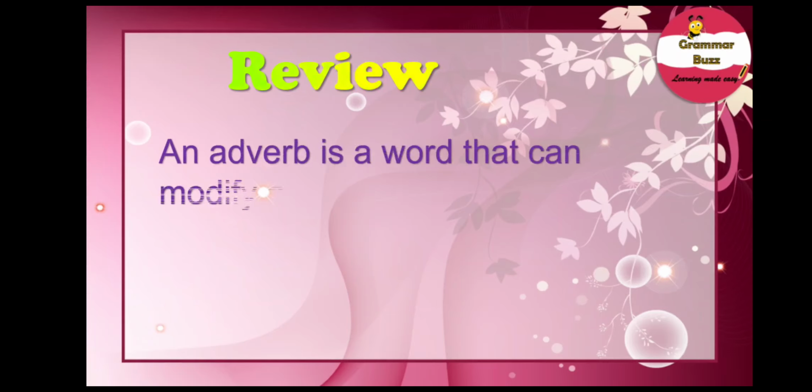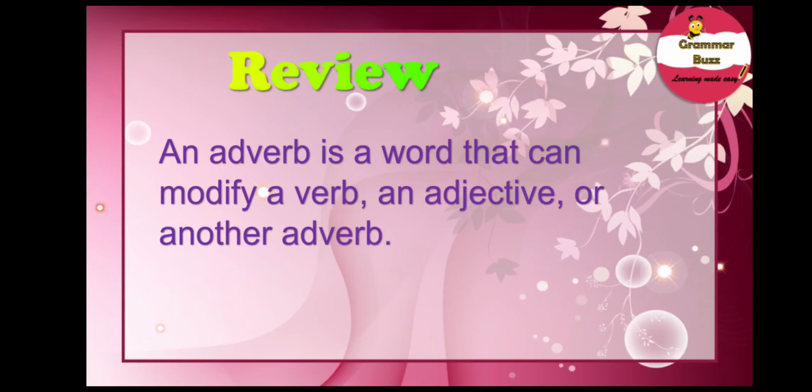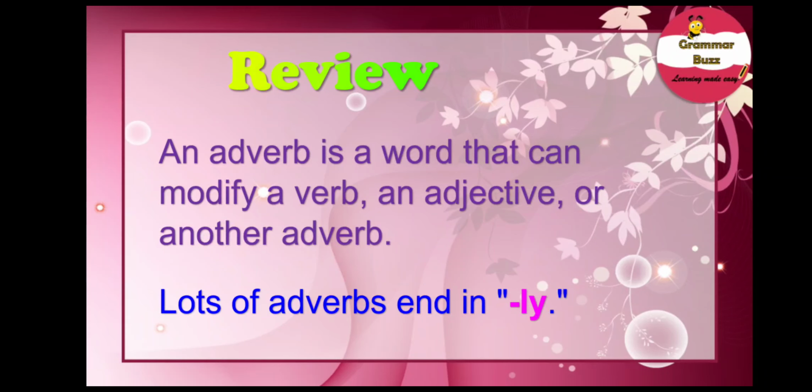And that is, an adverb is a word that can modify a verb, an adjective, or another adverb. Remember, we already discussed this in our previous video. And lots of adverbs end in ly. When an adverb modifies a verb, it tells us how, when, where, why, how often, or how much the action is performed.